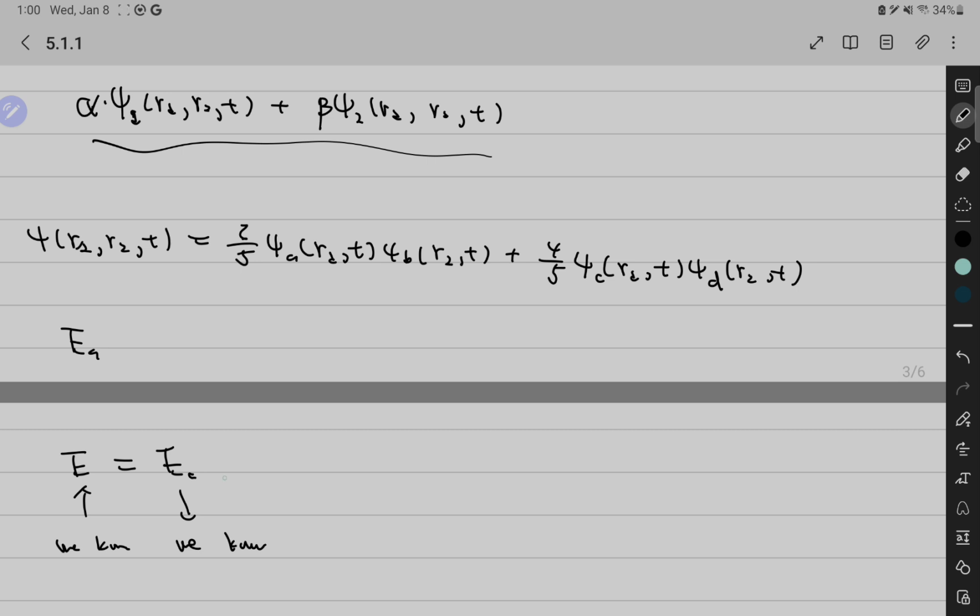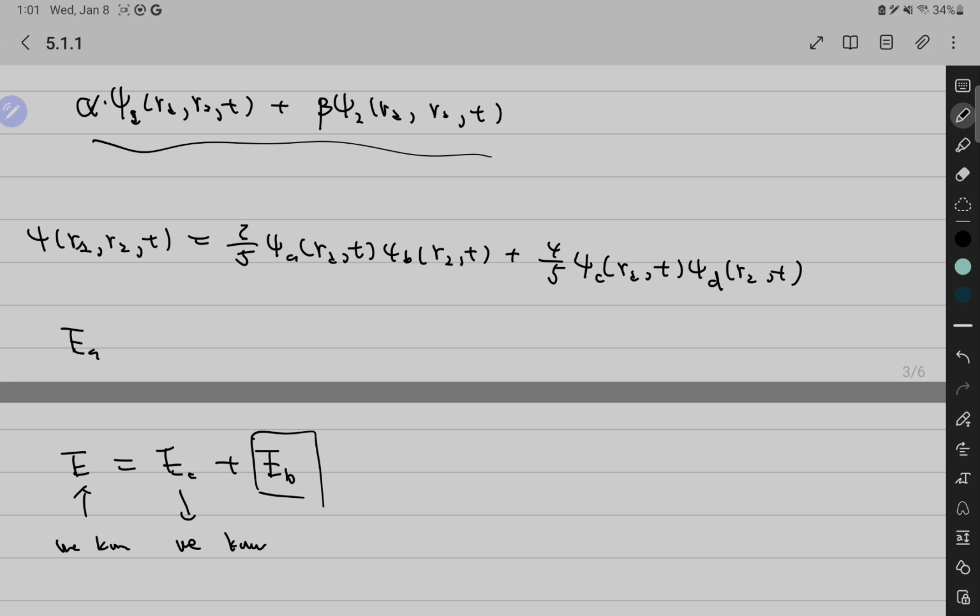Then by simple algebra, because we know EA plus EB must be equal to E, we can figure out EB. And this is very interesting because this is actually what we call quantum entanglement, which you might have heard a few times, or a lot of times if you watch a lot of those physics videos. We say these two particles are entangled, right?